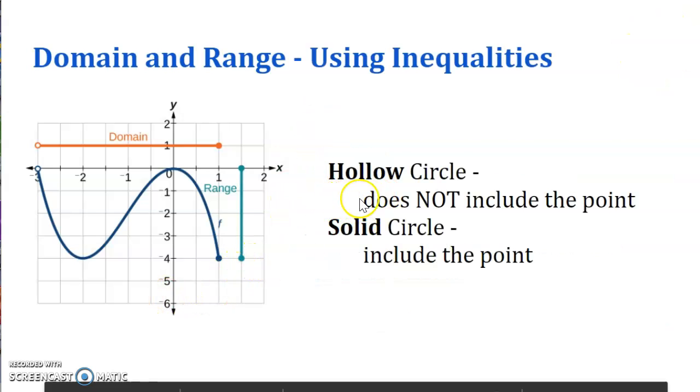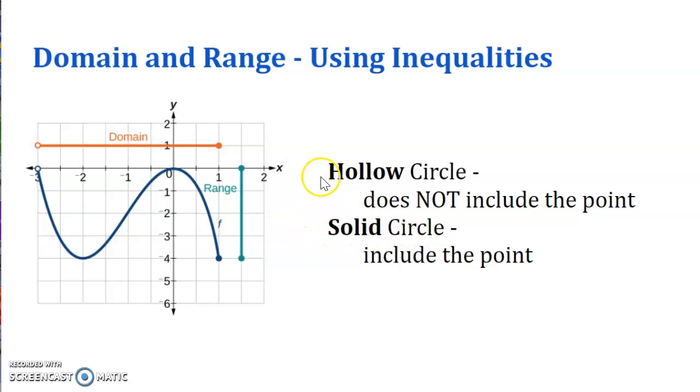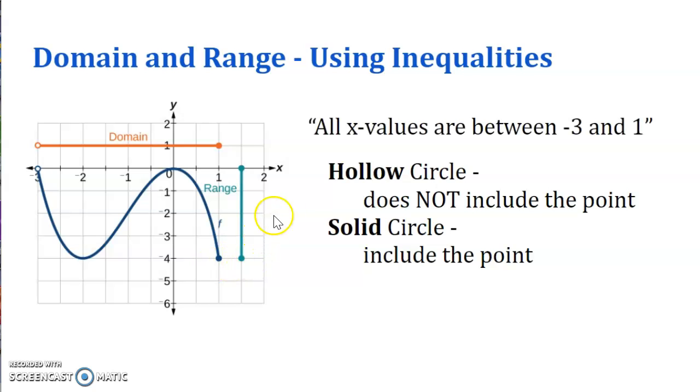Okay, what does the hollow circle mean and solid circle mean? If you remember inequality, hollow circle means that point is not included. Okay, it does not include the point. Solid circle means it includes the point. So in this case, for domain, all x values are between -3 and 1. But does it include -3?